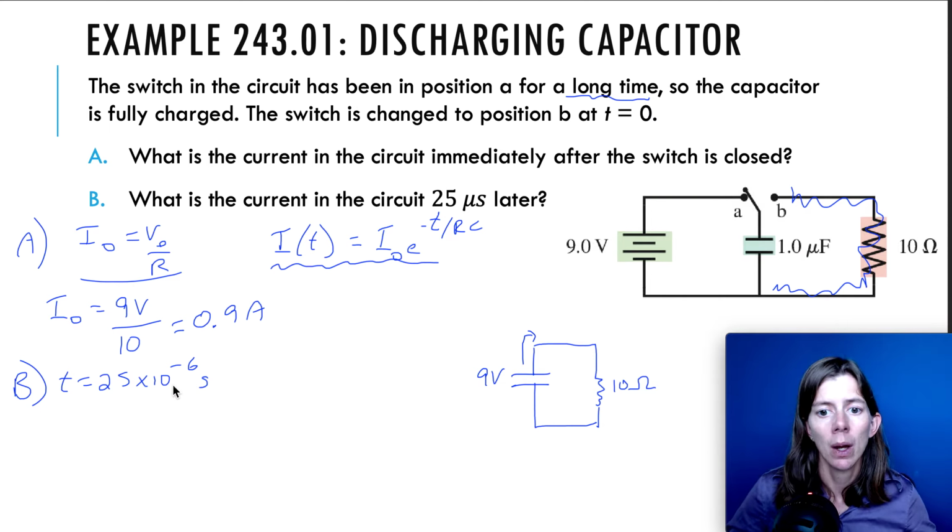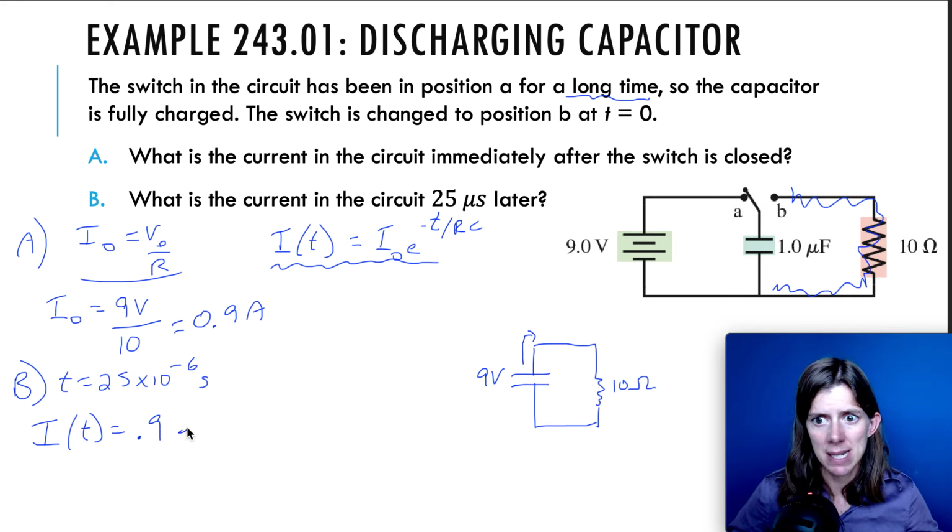Try it out. All we're doing is plugging in that the current at this time is going to be I naught, which is 0.9 amps, times e to the negative time, which is 25 times 10 to the negative 6, divided by R times C. Make sure R and C are in the denominator.